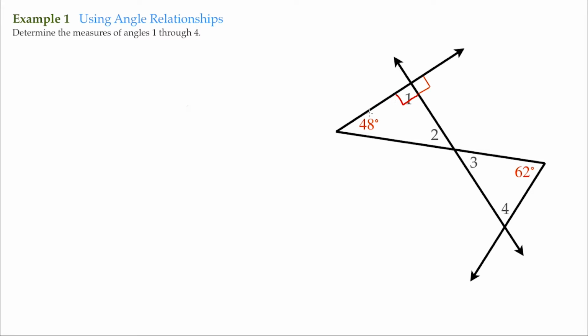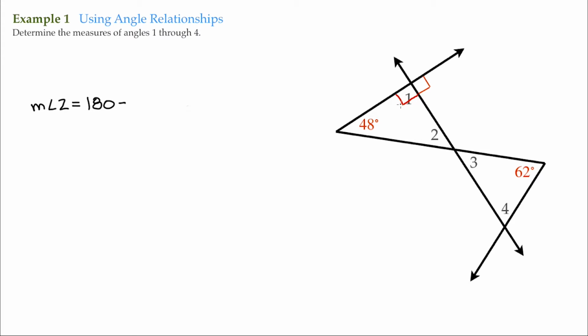Next, I see that this is a triangle. And we know that the sum of the measures of any triangle has to equal 180 degrees. So I'm going to use that knowledge to help find angle 2. So what I'll do is I'll say the measure of angle 2, that's going to be equal to 180 degrees.